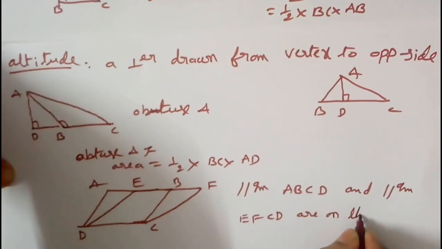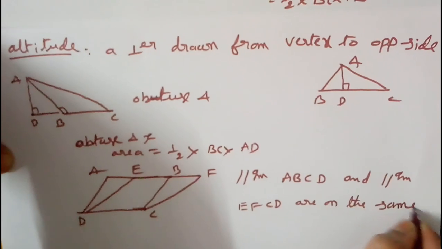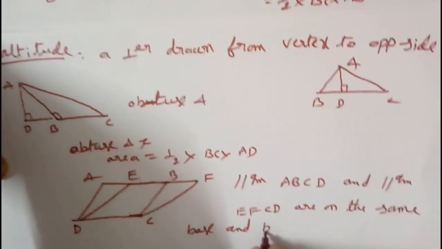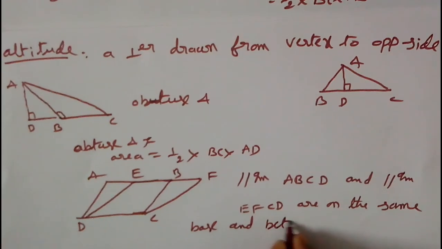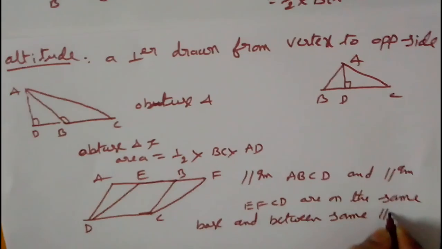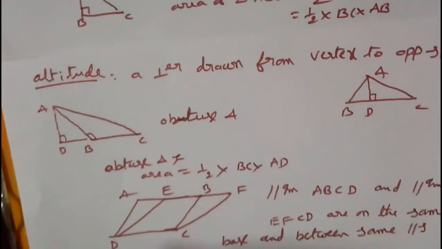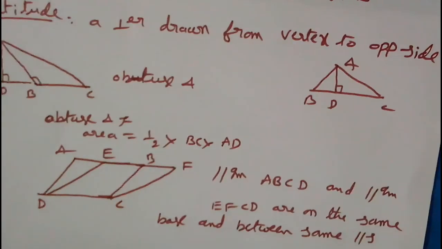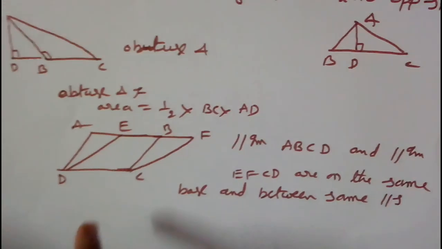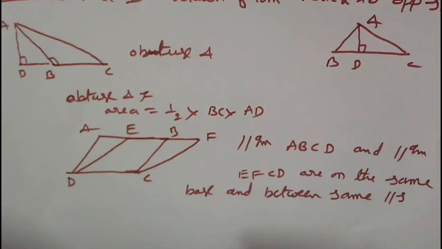are on the same base and between the same parallels. Then what can you say about the area of these two parallelograms? If two parallelograms are on the same base and between the same parallels, then the areas of the two parallelograms are equal.